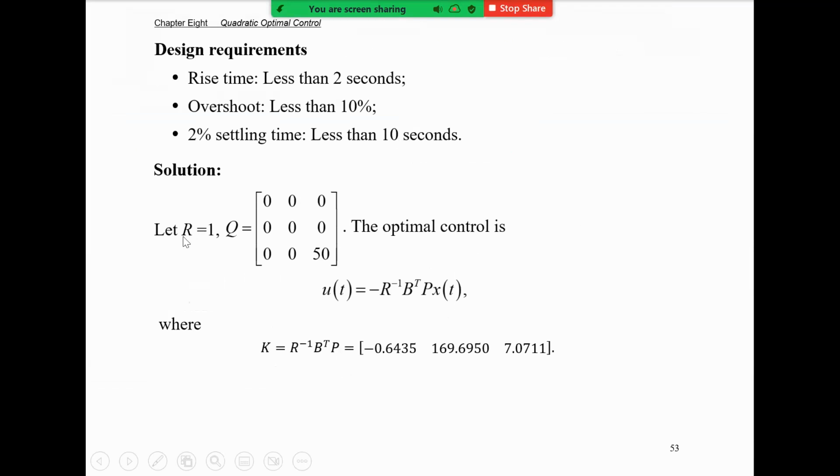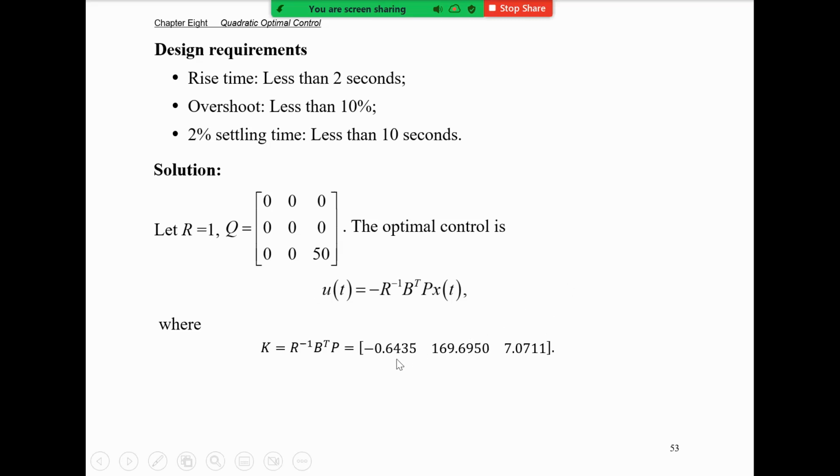So in this case, let's use R equals 1, Q in this form. You can see in this Q we put only one non-zero value, so it's semi-positive definite, right? R is just a simple one, R equals 1.